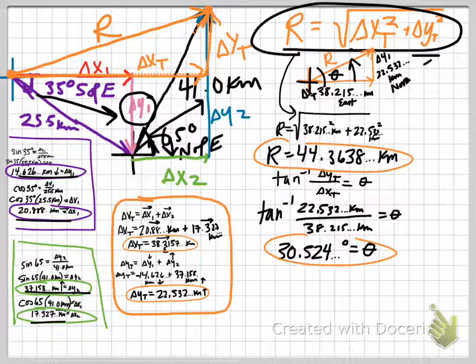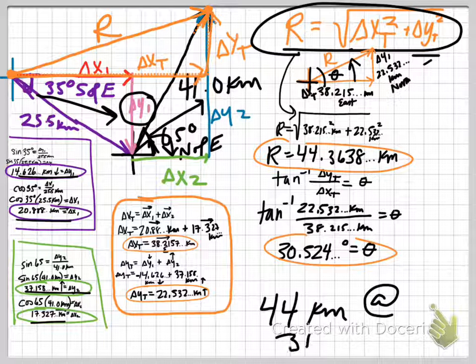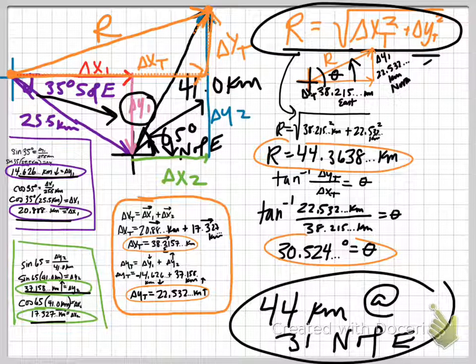I'm limited by the degrees. So I am going to say that her overall displacement is 44 kilometers at 31 degrees north of east. That's my final answer. It's messy, but it is seriously, oddly satisfying, I think.